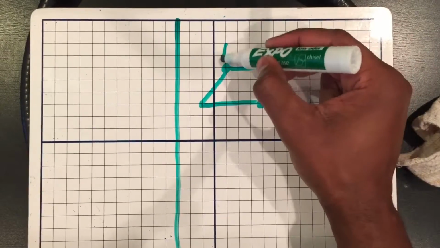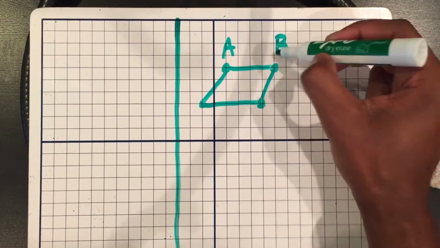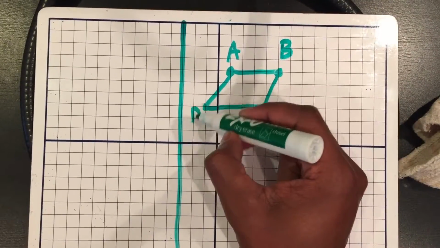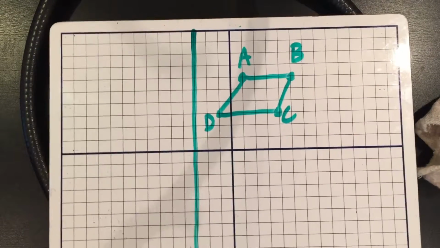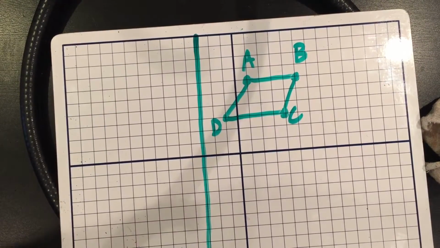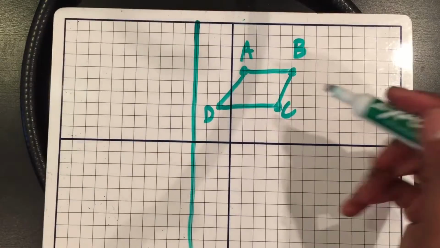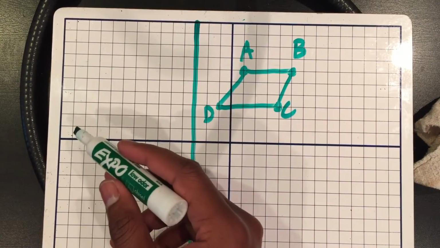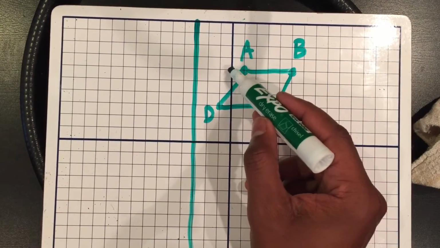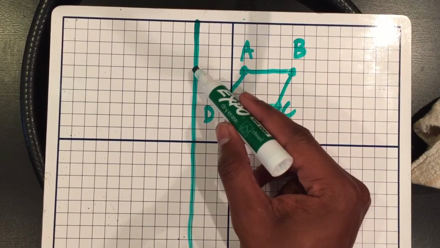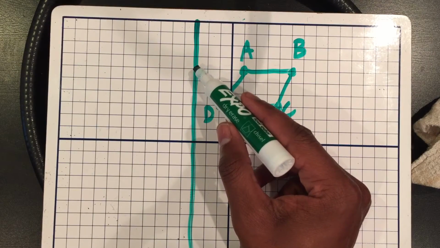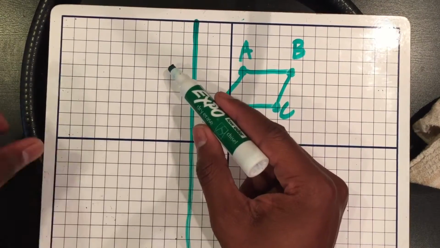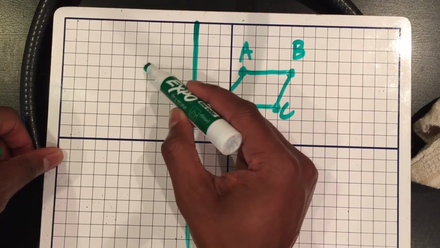So we'll call these coordinates A, B, C, and D. For this, we want to reflect in this direction. In this case, A is 1, 2, 3, 4 away from the line. So we want to move 1, 2, 3, 4 in this direction.